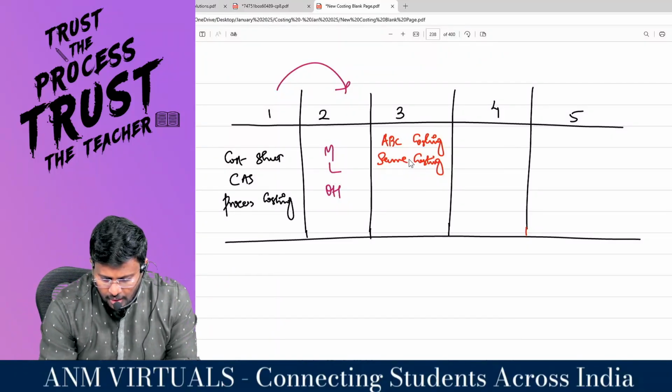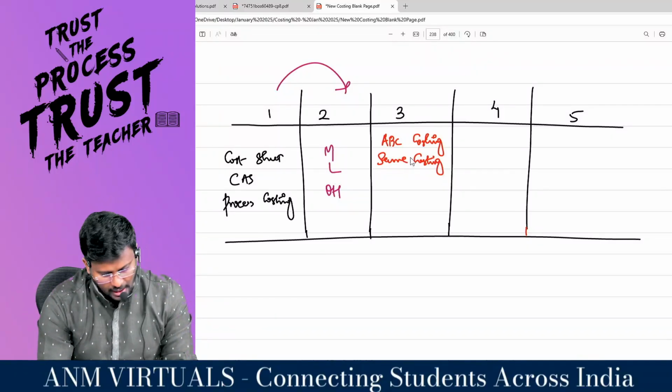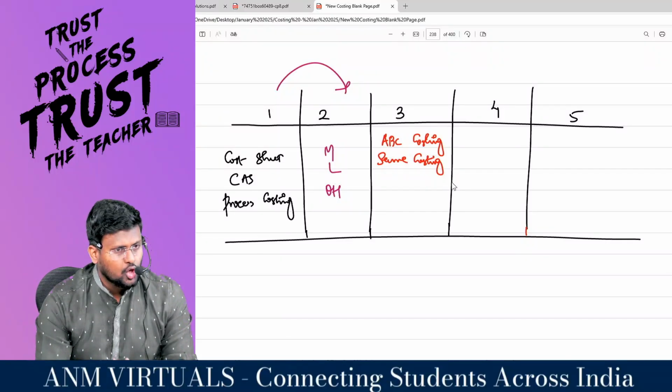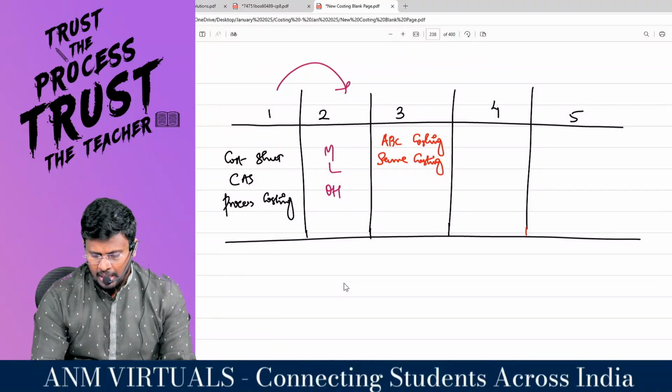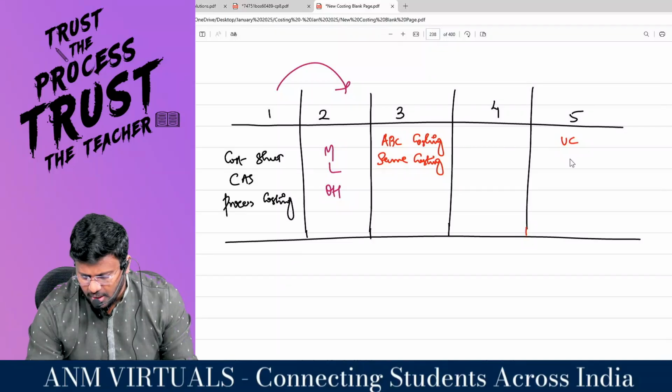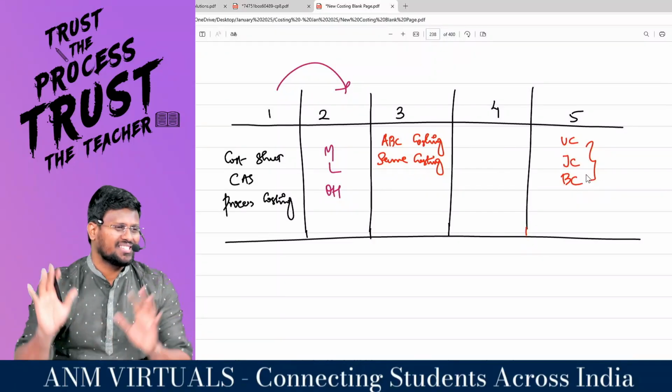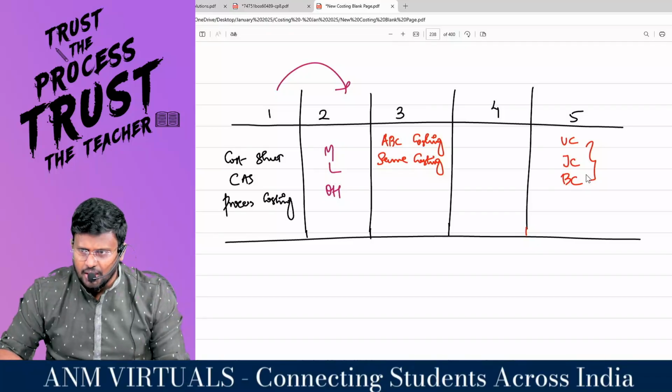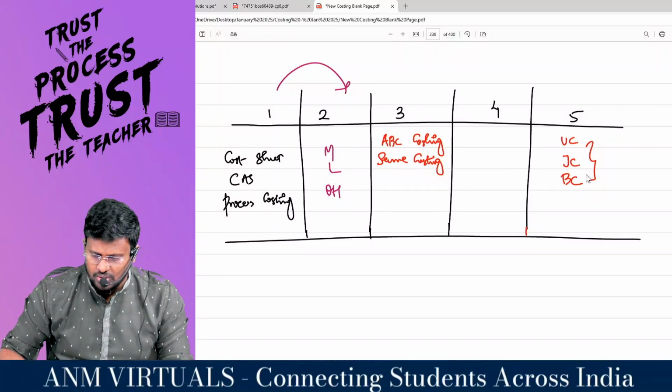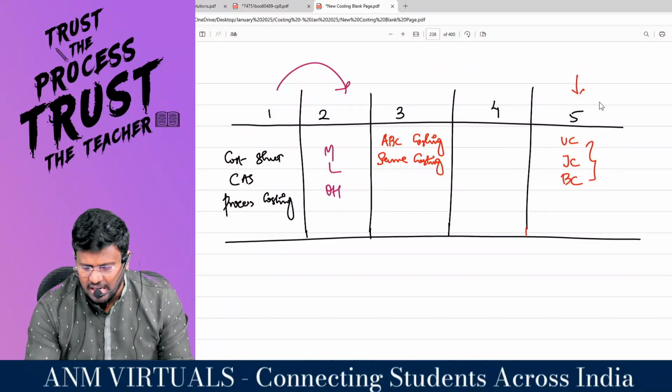And the next ones are unit costing, job costing and batch costing, which are one set. This we are going to start now.